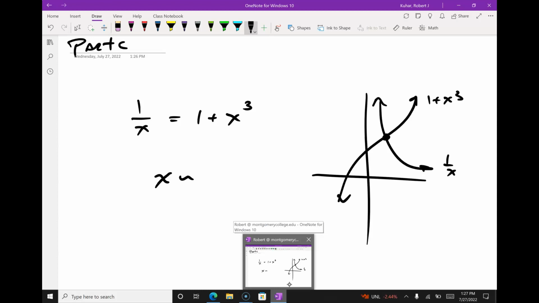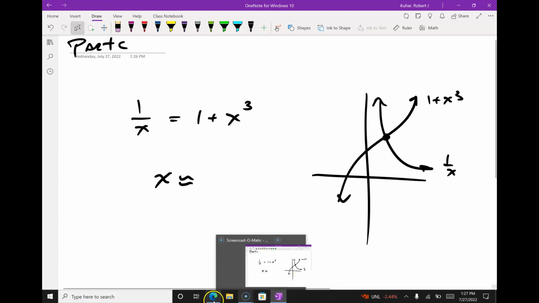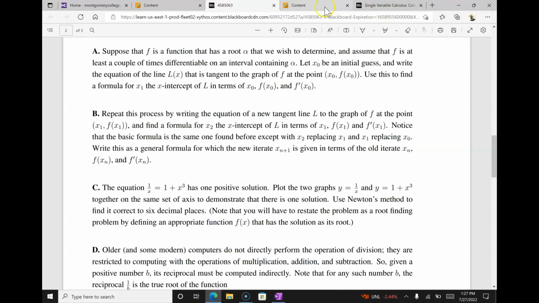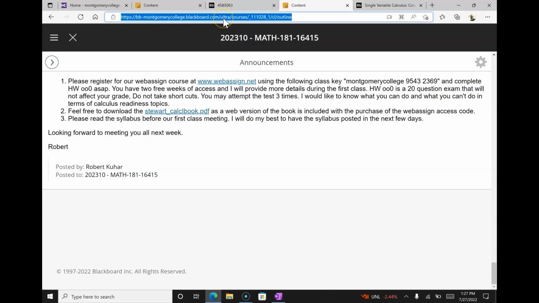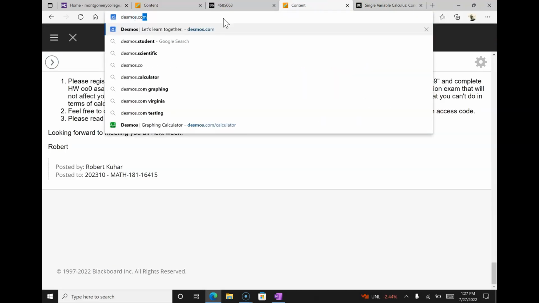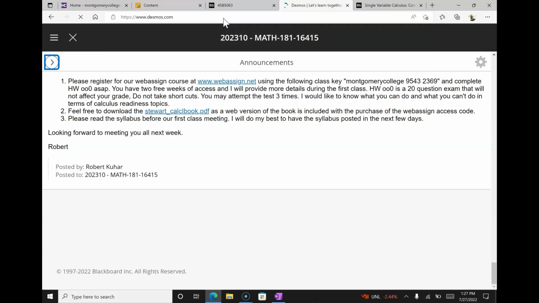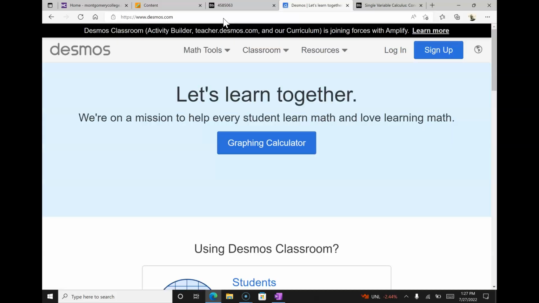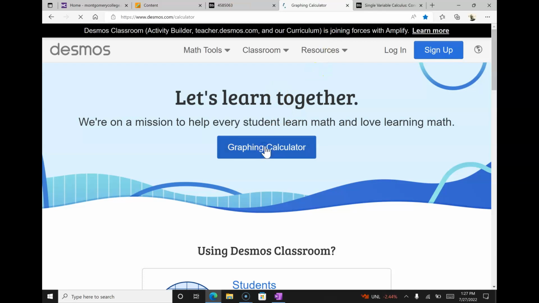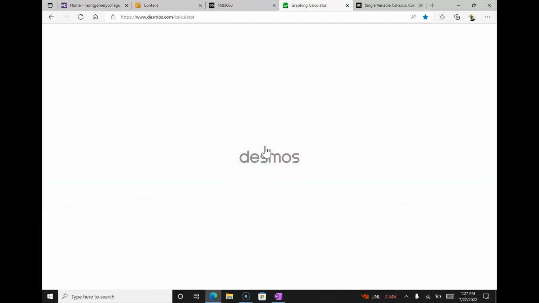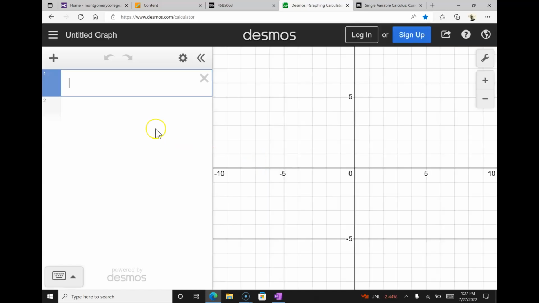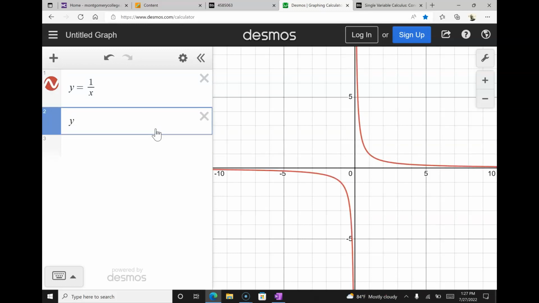So we know x is approximately equal to, by Desmos, y equals 1 over x, and y equals 1 plus x cubed.